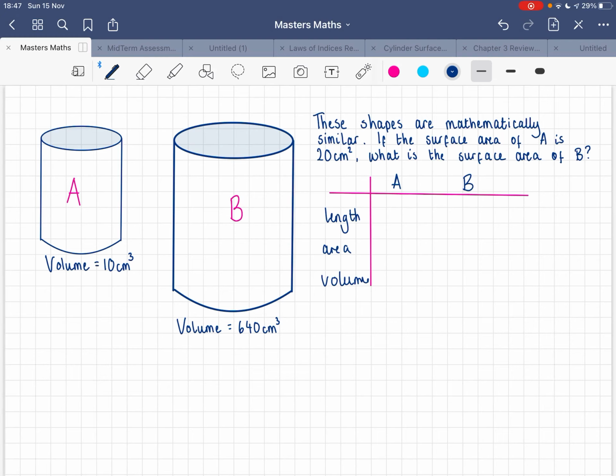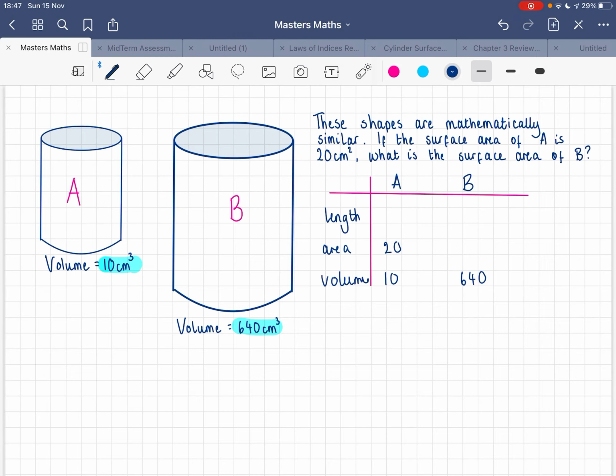This time we've been given the volume. So we know the volume of A is 10 and we know the volume of B is 640. I'm going to put them straight into my table. 10, 640. We need to work out the surface area of B. So the surface area of A is 20 and we need to work out B.